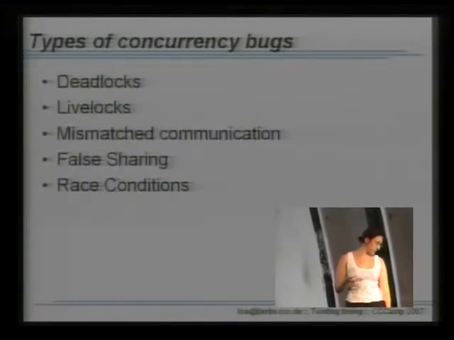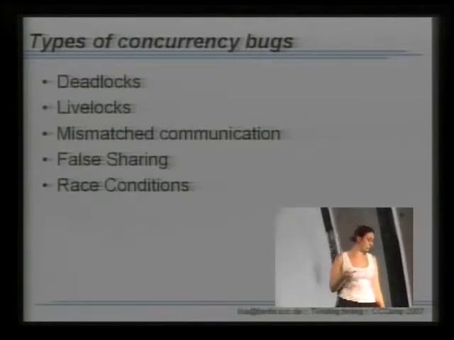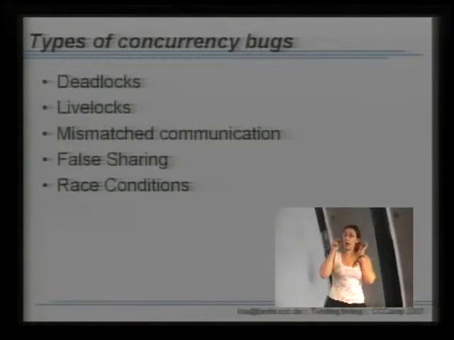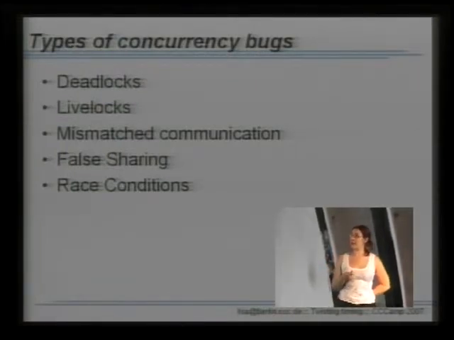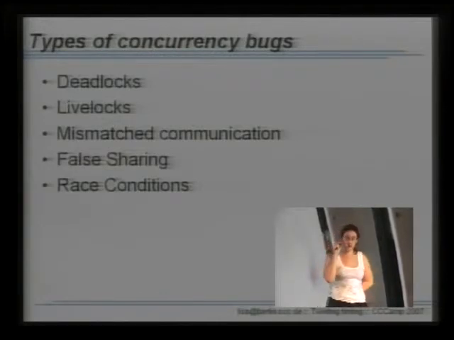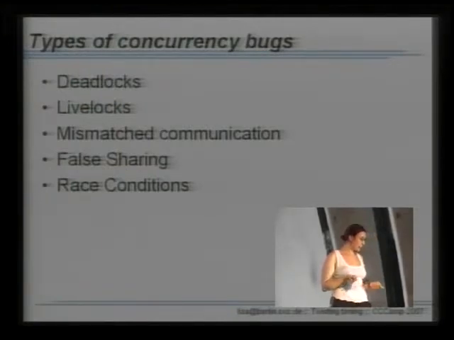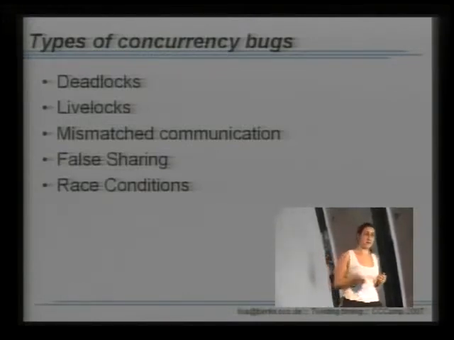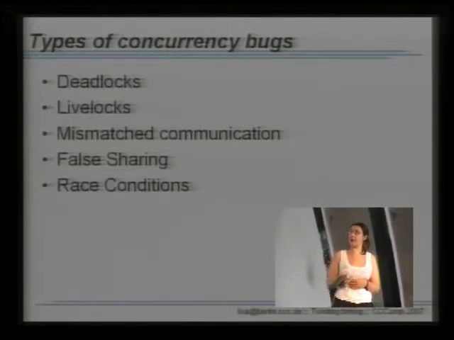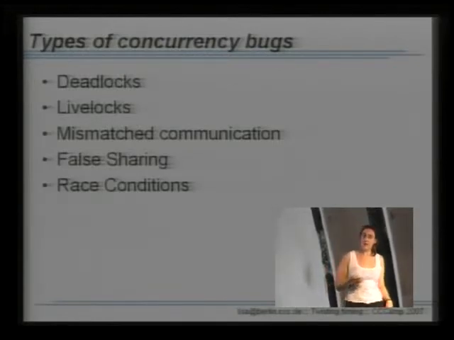So there's a whole host of concurrency bugs that can occur. Among them are deadlocks, live locks, mismatched communication, and false sharing, which I'm not going to talk about. It's simply because these are, first of all, quite rare to find in software because they're easy to find and easy to track down. If the software hangs, you can just attach a debugger and usually find out where exactly it hangs and what the bug is.